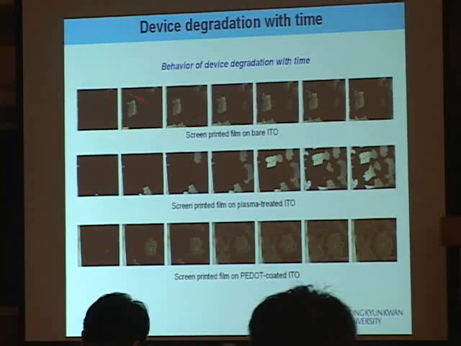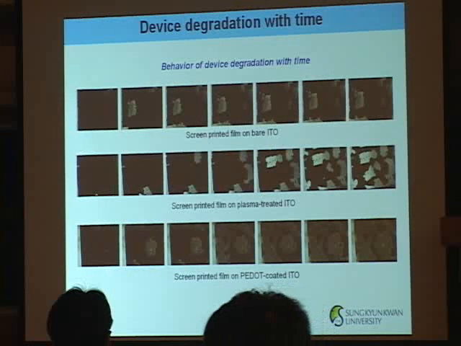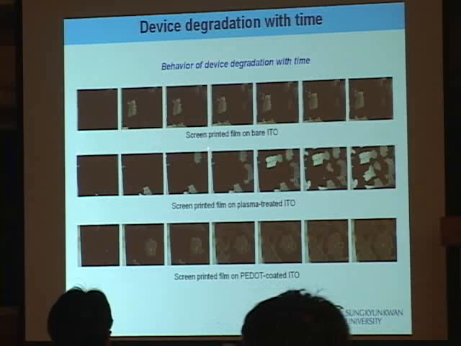If you make the OLED using bare ITO, as time goes on, the device degrades point by point. But after a certain time, you don't get any difference because current leaks through the pinholes, so there is no damage to the organic films.